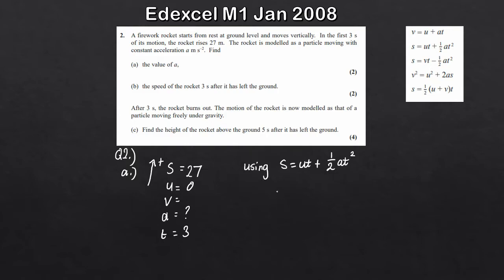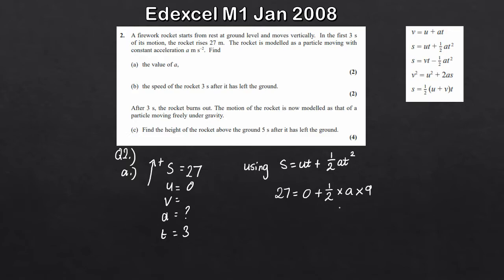That's 27 is equal to UT, so 0 times 3, so that's just 0, plus a half times A, we don't know what that is, we'll just call it A, times T squared, so 3 squared is 9.